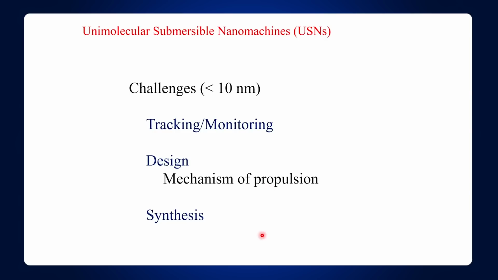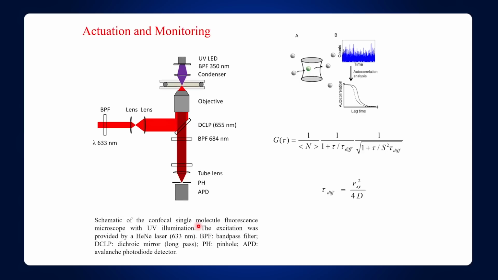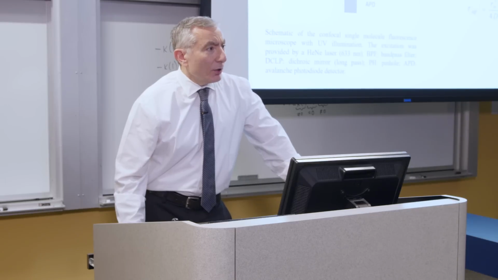These nano submarines are going to be less than 10 nanometers in size. How do you track them? And what's the mode of propulsion? So again, working with Stefan Link's group, you could take glass slides and put spacers on them, which are just polystyrene nanoparticles.